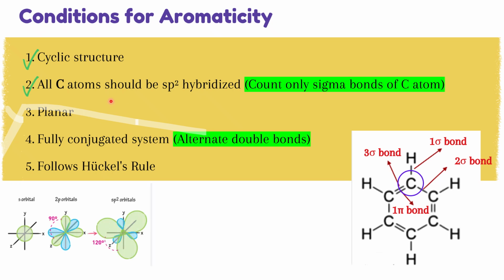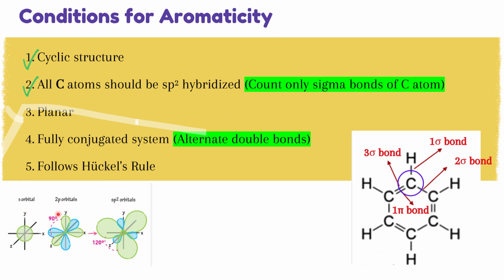Now the third step is to check for the planarity. It is very simple. Since we have got the hybridization as sp2, we just have to understand this. Then it is very simple to conclude the planarity of this particular compound. So I can see that in sp2 hybridization I have an s orbital and 2 p orbitals.